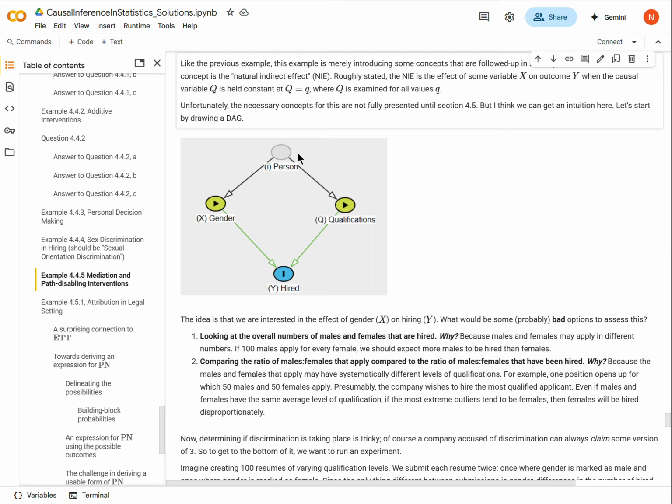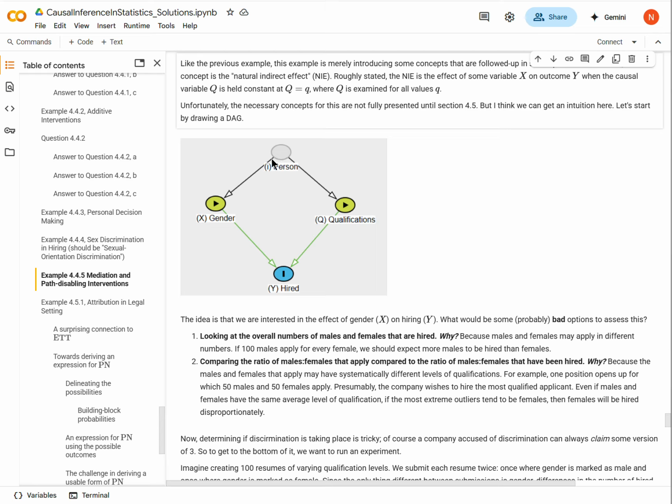Now, what we are interested in the question is if this pathway from gender to hired is non-zero. Okay, because if that is the case, then it means that somehow in the hiring process, gender is somehow directly affecting who gets hired. Okay.